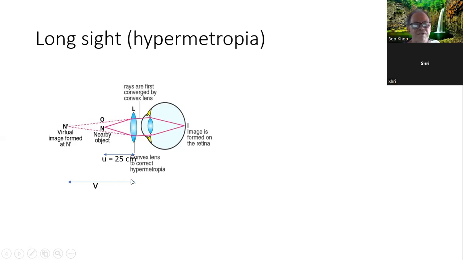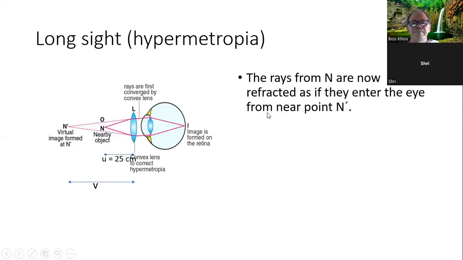So that's your V. This is your U. The rays from N are now refracted as if they enter the eye from the near point. So that's our new near point. Right? That's all we can see where we have long sight. That's why, for the 25 cm, we use this lens so that the rays can be refracted from this near point to the eye that we can see.